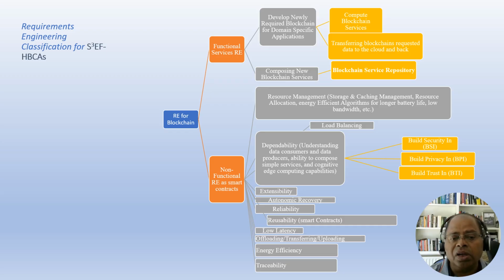The non-functional are based on the characteristics: dependability, extensibility, autonomic recovery, reliability, reusability based on smart contracts, low latency, which is where we can achieve energy efficiency, offloading, transaction uploading, and energy efficient traceability. To achieve dependability, we can't just achieve it at the end, so we need to build in the characteristics. That's one of the other key concepts.